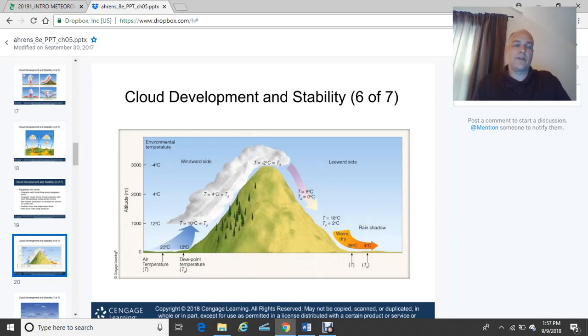So if you notice, the cloud kind of hugs the windward side, the left part of the diagram here, of the mountain. And then as air comes down the top of the mountain, down the leeward side, it warms and compresses and dries out. And this results in a lack of clouds and mostly sunny conditions on the leeward side a lot of times.